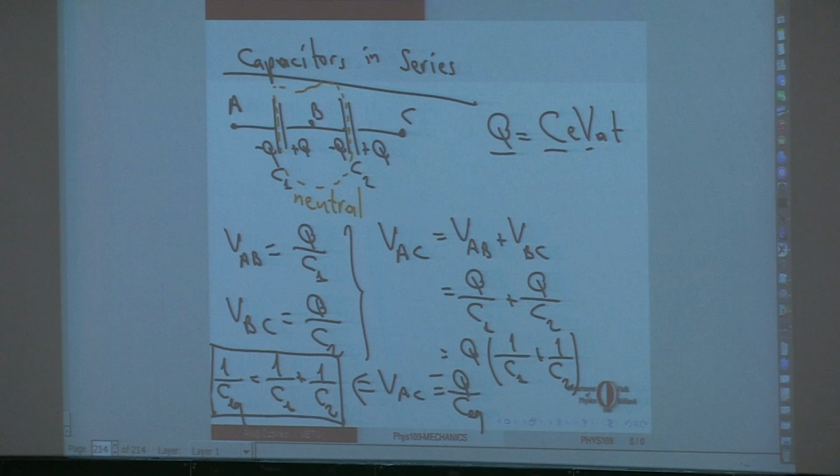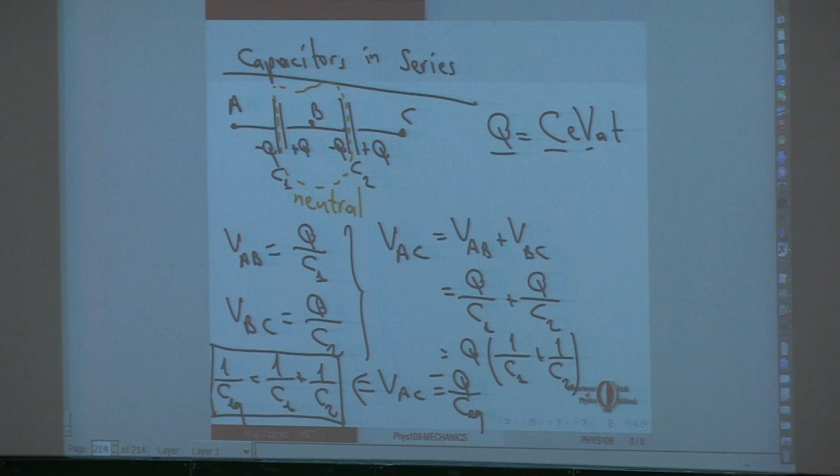So what this means is basically if you connect two capacitors like this, you can just replace them by a single capacitor which has the capacitance given by C equivalent. They will do the identical job in the sense that if you move a charge Q from one side to the other side of this new single capacitor, it will create the same potential difference.